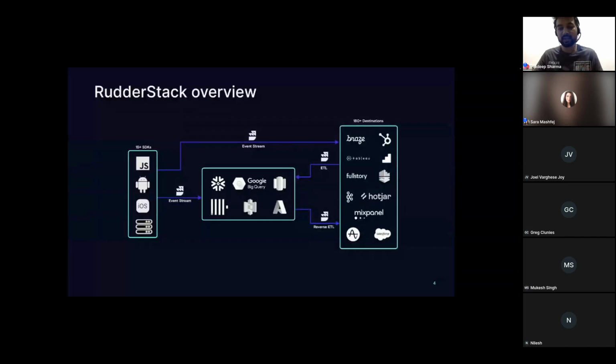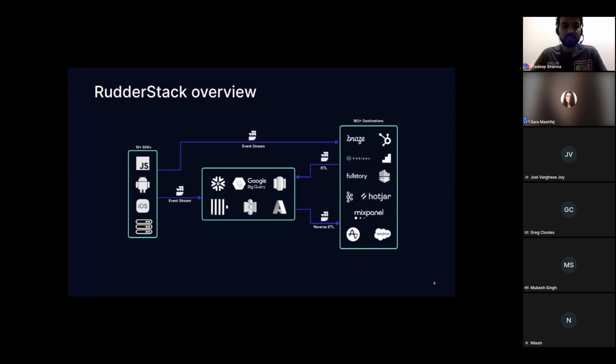Similarly, there are server-side SDKs as well. So you can integrate those SDKs and get event data from there. As you can see in this image, you collect those event data and then send it to your warehouse. And in between is RudderStack.